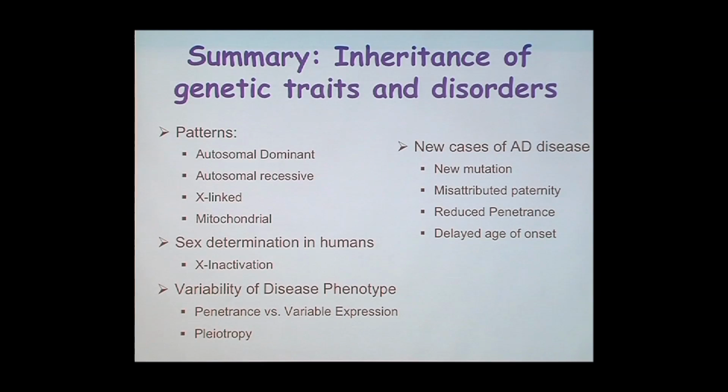And the difference between those, penetrance is on or off. Variable expression is how severely you're affected. Pleiotropy means that one gene can affect multiple organ systems. And then we talk about how new cases of a disease can be seen without a family history from new mutation, misattributed paternity, reduced penetrance, and delayed age of onset.